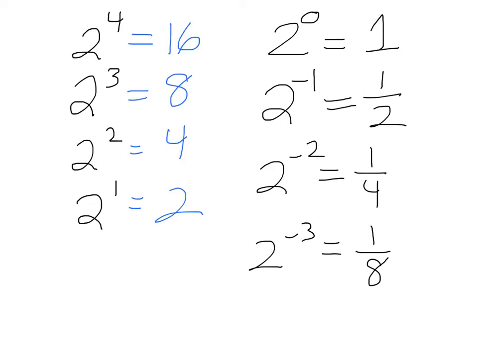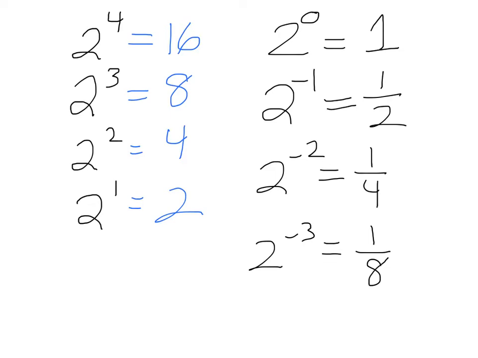If you look at what we're doing, every time the exponent decreased by 1, the answer was divided by 2. So 2 divided by 2 gave me the 1 for 2 to the 0. 1 divided by 2 is 1/2. 1/2 divided by 2 is 1/4, and 1/4 divided by 2 is 1/8.